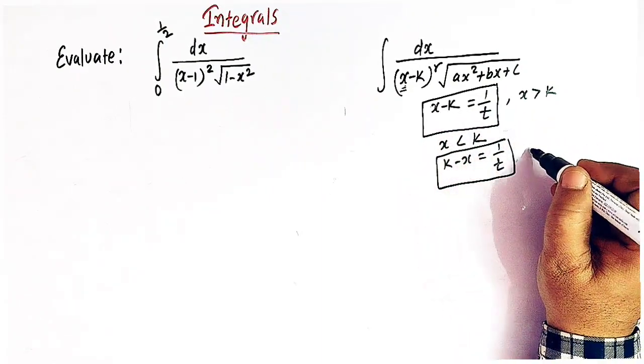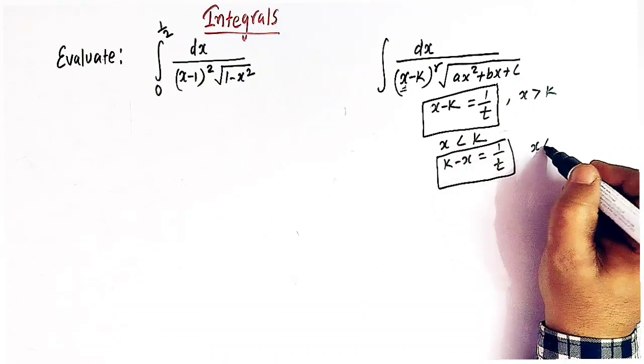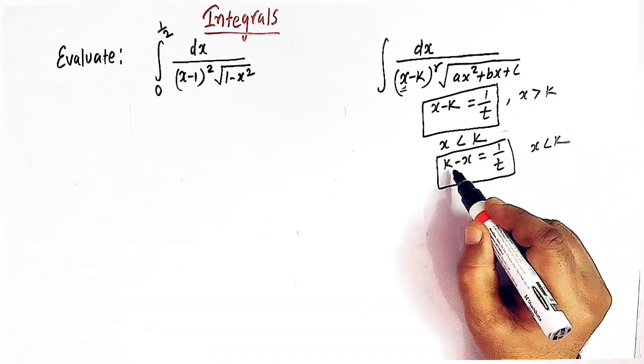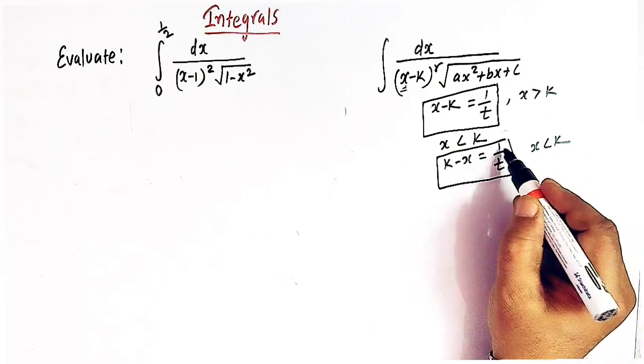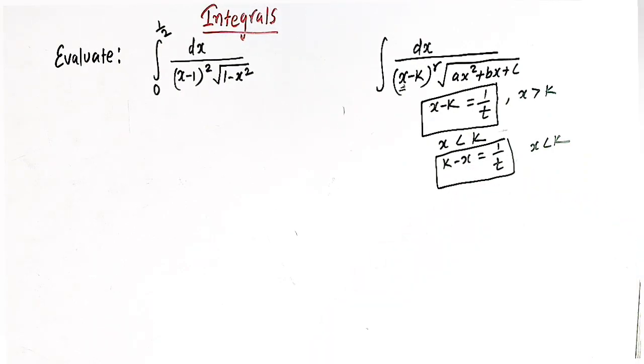And when x is less than k, we take the substitution k minus x equal to 1 over t. So to solve these types of integrals, we take these two substitutions depending upon the relationship between x and k.